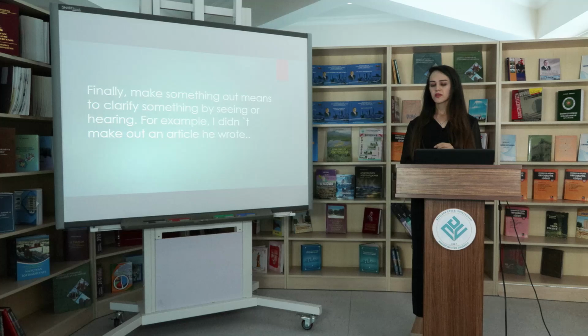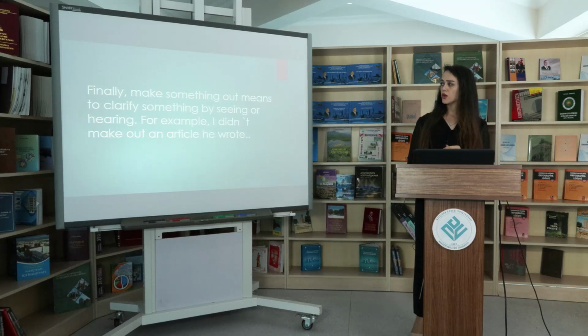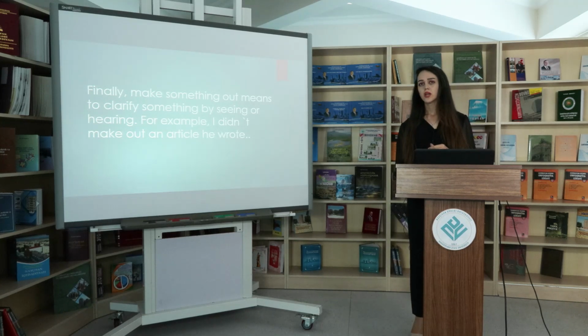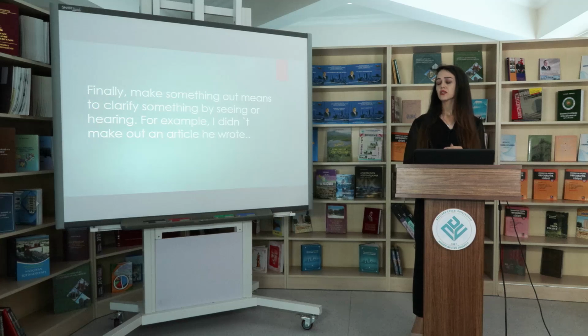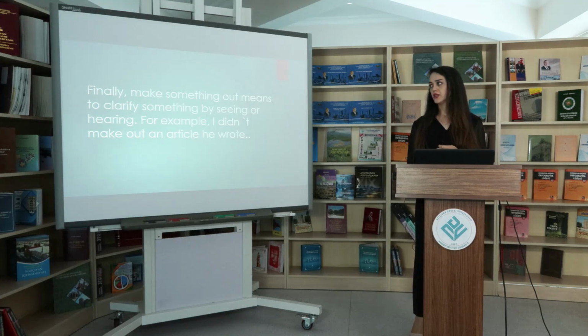For example, I say, I didn't make this slide out, or I didn't make out an article he wrote. There are different explanations, different sentences, but the meaning is the same. So that's why we say make out means to clarify something by seeing or hearing. It means, in fact, you observe something deeply. That's why we say it's clarification indeed.